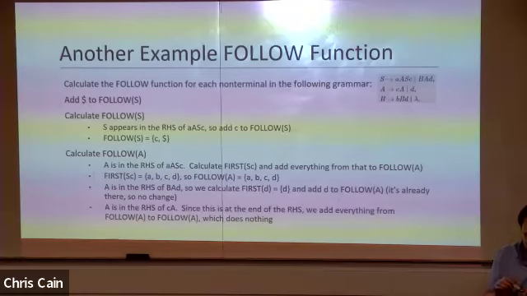A is also in the right-hand side of C, capital A. Since it's at the end of a right-hand side, we add everything from follow of A to follow of A. That also does nothing. Questions on how to calculate follow of A?